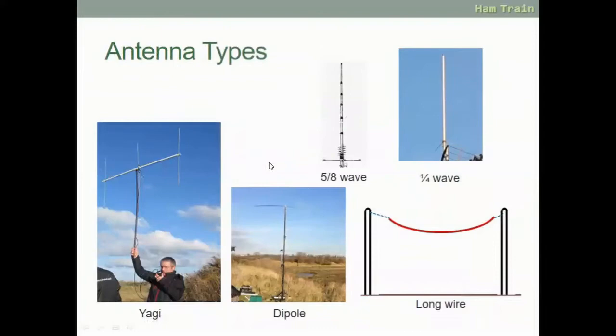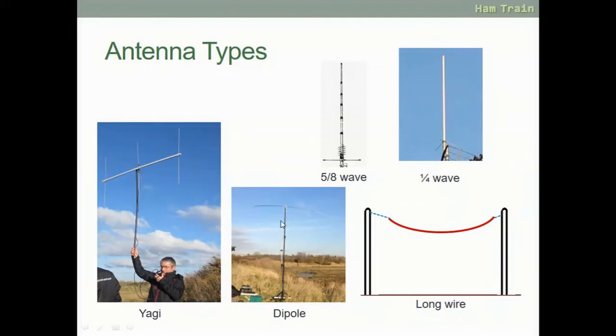So we have here the main 5 antenna types. We have a Yagi. I don't like this picture of a Yagi particularly. But if you imagine a TV antenna that you might have on your house, that's a form of Yagi. It's essentially a dipole in the middle with a reflector and a director, and you can have multiple directors along it.